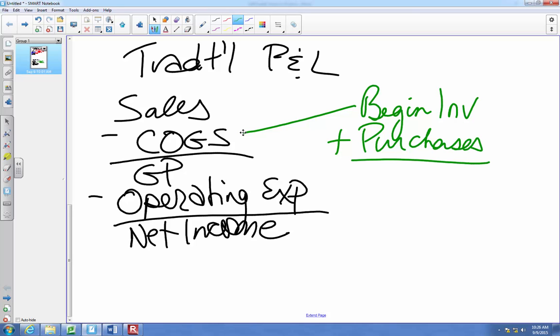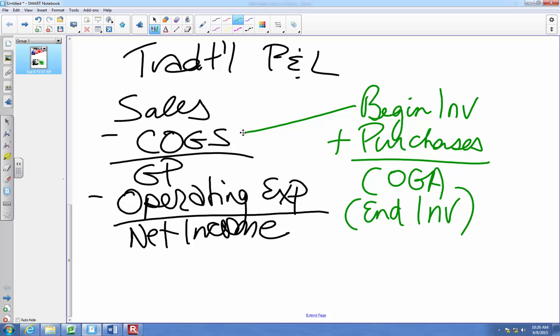Beginning inventory plus purchases gives you cost of goods available for sale, right? And then whatever you still have in your warehouse at the end of the period, your ending inventory. So obviously the difference is what you sold. Okay? Just as a refresher.